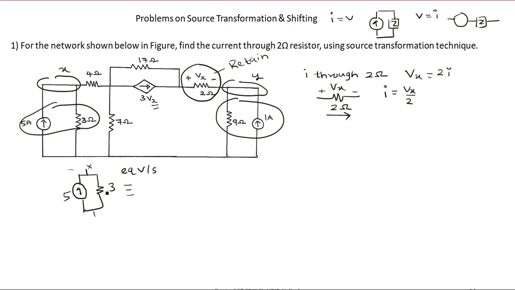How to convert this? Use Ohm's law, V equal to I into R, right? And check the direction of the current source. This is very important. It is going towards X, which means head indicates positive, tail indicates negative. So voltage will be 5 into 3, that will be 15 with this polarity, and the series resistor, and this point will be X. Okay, got this one, everyone?